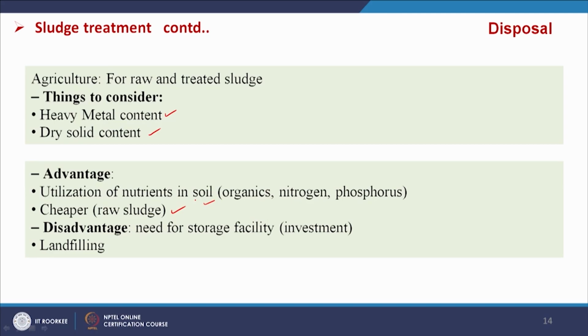If we particularly use the raw sludge, then the sludge treatment cost is also not involved. But it has some disadvantages, that is the need for a storage facility that requires investment, and land filling. Gradually, if we use this for a longer period, the accumulation of sludge will increase the soil volume and land filling will take place, and the height of the land will increase.